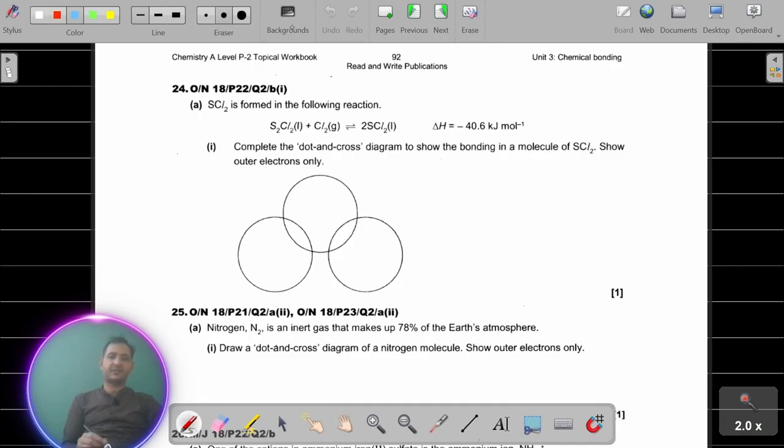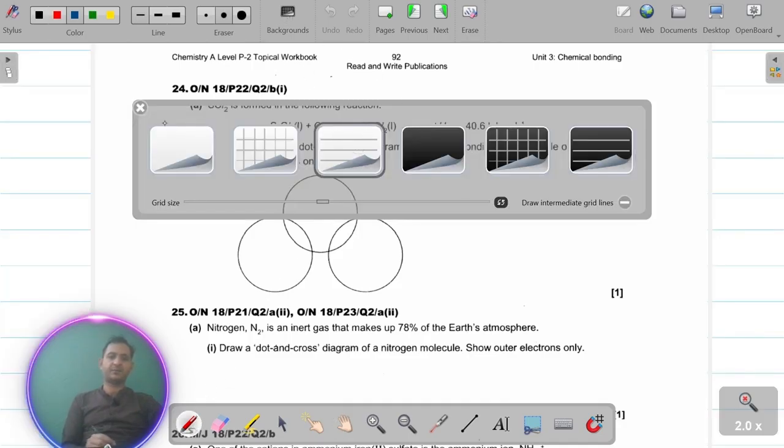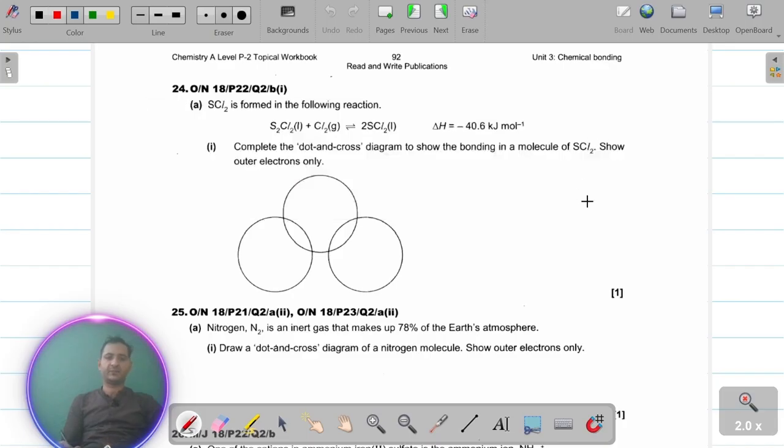So first, sulfur is from group 6. It has 6 electrons in the valence shell, 1, 2, 3, 4. Chlorine makes one bond, so I'm leaving one electron here. It is bonded with the cross electron of this chlorine, and the same thing will happen here.